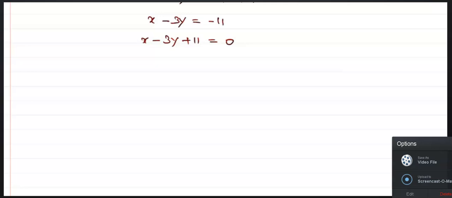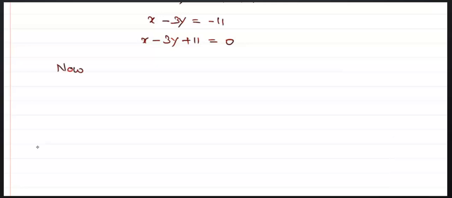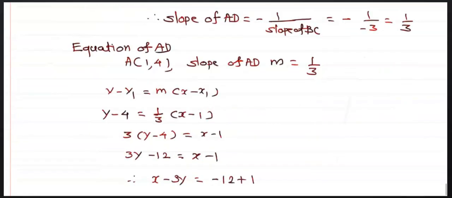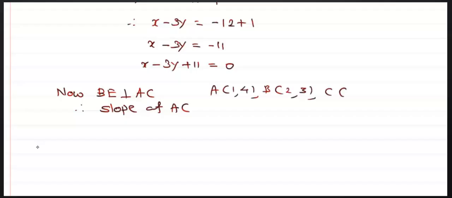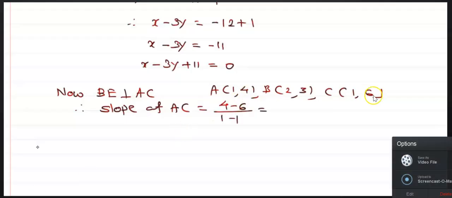Now the equation of B altitude. BE is perpendicular to AC. We will take the slope of AC. The coordinates are A 1 4 and C is 1 6. Then for the slope of AC, 6 minus 4 upon 1 minus 1, that is equals to 0, which is again not defined.